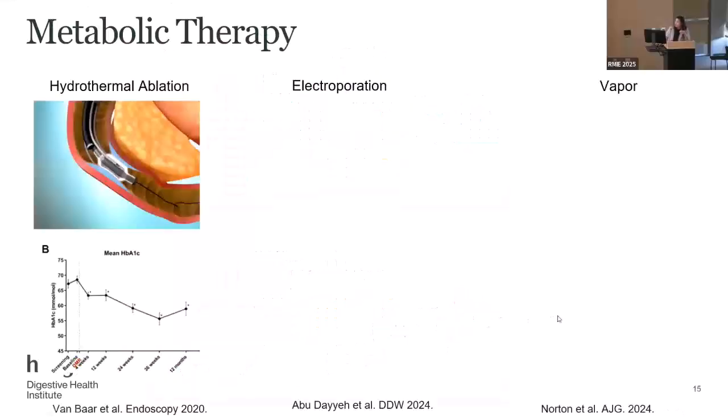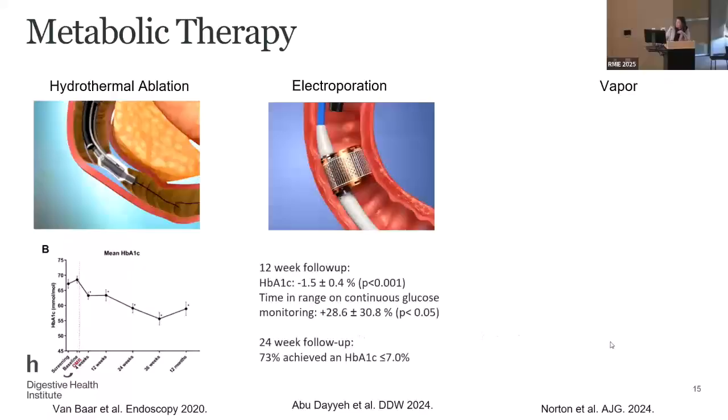And so there are 3 different types of metabolic therapy, and we were lucky at Hoag to be able to be a part of all, or going to be a part of all 3. There is hydrothermal ablation therapy that was shown to decrease hemoglobin A1C by around 0.8% after one therapy.